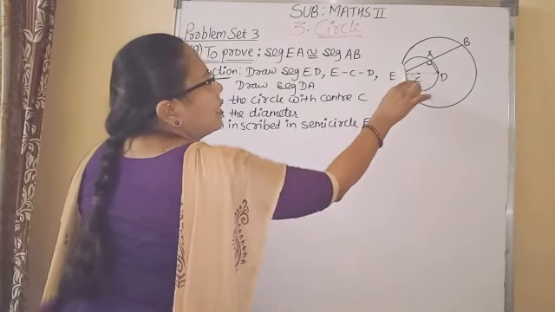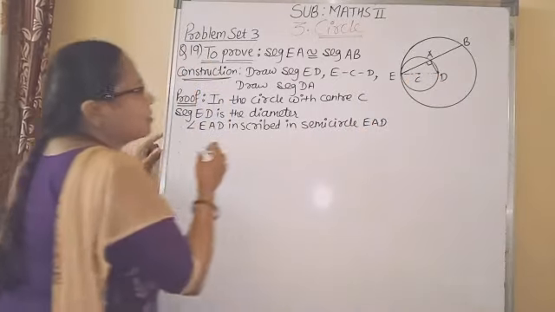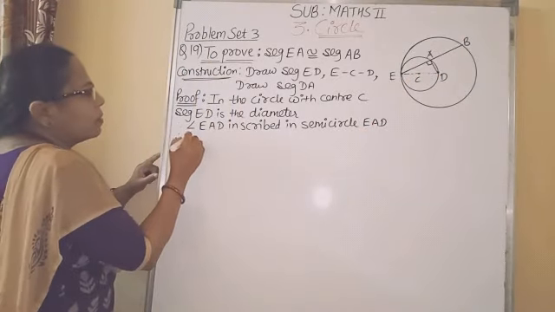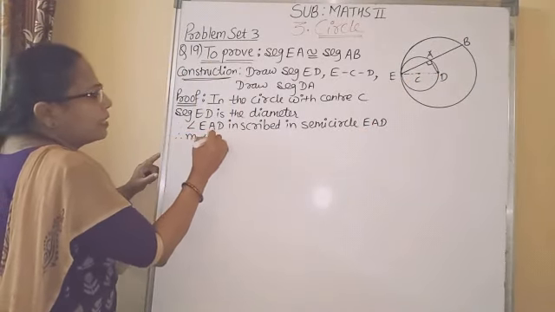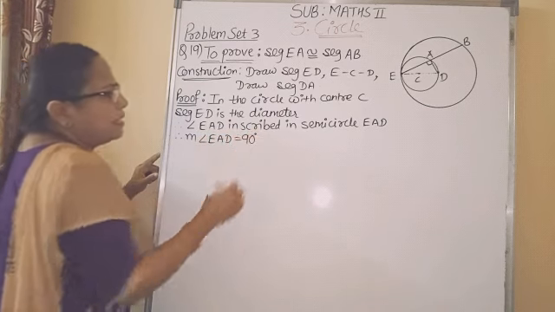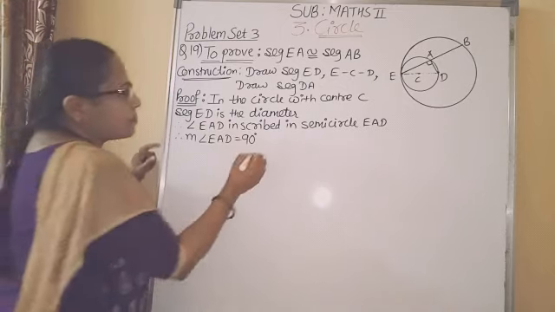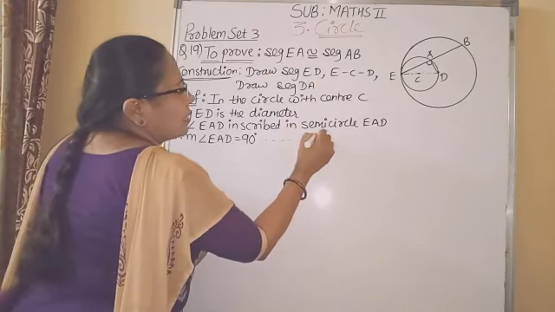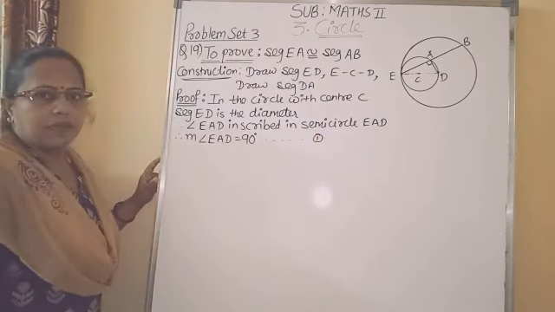See, EAD is a semicircle. Therefore, measure of angle EAD is equal to 90 degrees. Give it statement number 1.